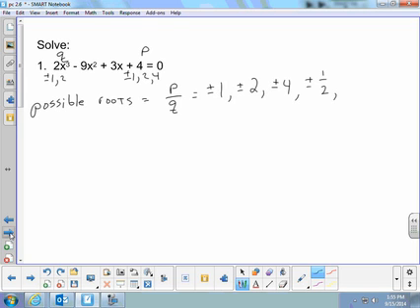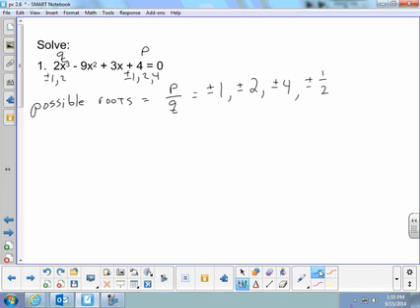We have that one down as well. So those are just possible roots. We don't know which one it is, but we can test them out to see which one works. So it's usually just kind of a guess which one you want to go with. I usually start with my smaller positive numbers first, and then work my way towards the fractions.